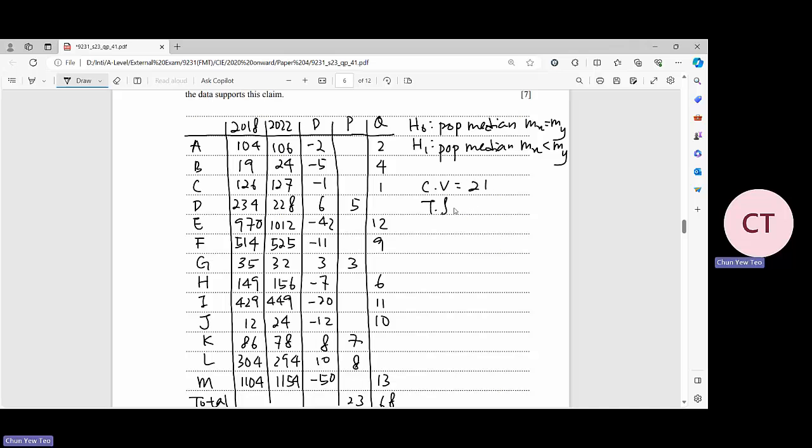Then the test statistic is the minimum of the two values, 23 and 68, so the test statistic is 23. The test statistic is greater than the critical value. Therefore, you accept H0. Now the conclusion.